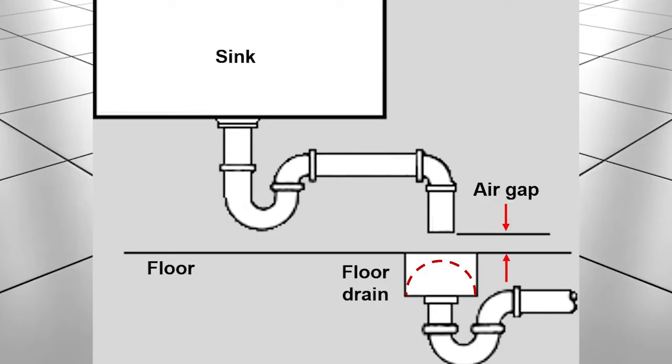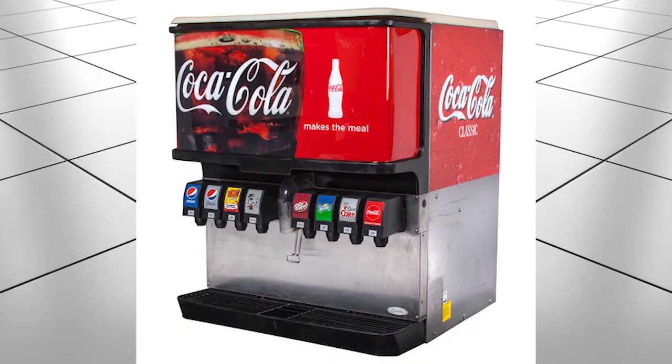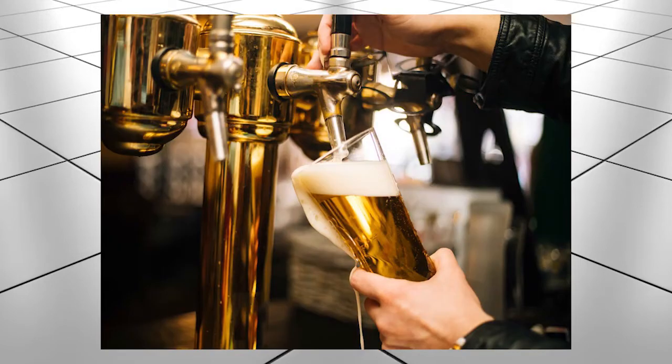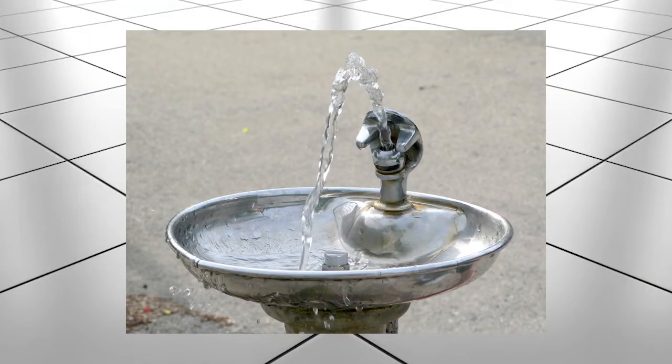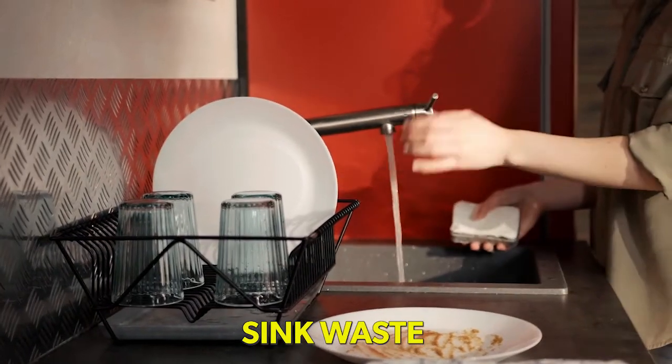The indirect waste, however, refers to a connection with terminal not directly connected to the plumbing system. Fixtures served by indirect waste are soda fountain, bar waste, refrigeration, and also drinking fountain. For a particular fixture, either served by direct or indirect waste, we recommend the following sizes. 1. Sink waste.